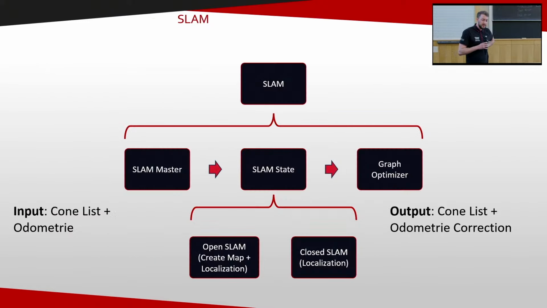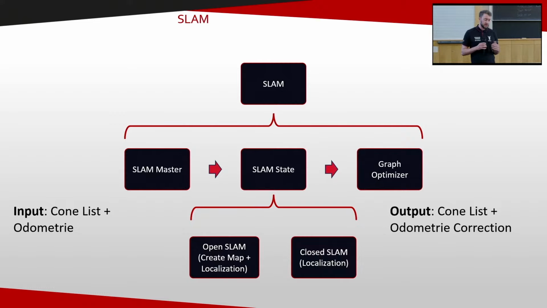For the SLAM algorithm, we have a SLAM master which does some data preparation of the inputted data for the actual embedding in an optimization problem. SLAM is simultaneous localization and mapping. So we have to build up a map of our track and then locate the vehicle inside of this track.